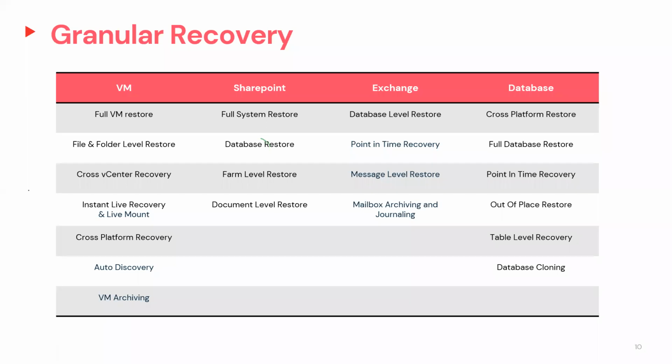SharePoint, can I restore at document level or file level? Sure. Or Exchange, can I restore just one mailbox or even better, one attachment? So Commvault allows you to do granular recovery for many things.